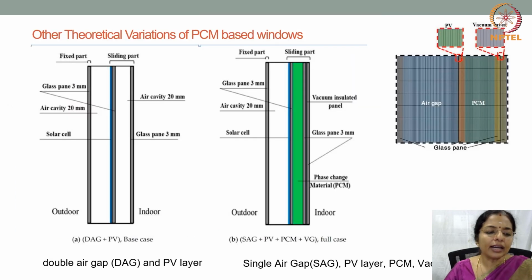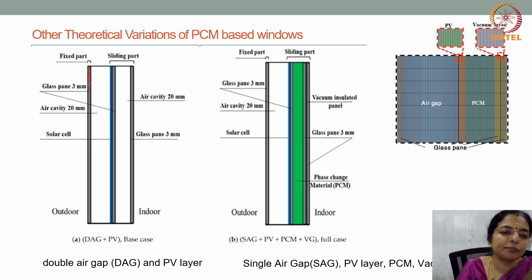There are other theoretical variations of how PCM based windows can be. So you can have a glass pane, this glass pane here, and then we can also have an air cavity, which is this air cavity, which can be about 20 millimeters, and then you can have a solar cell here.